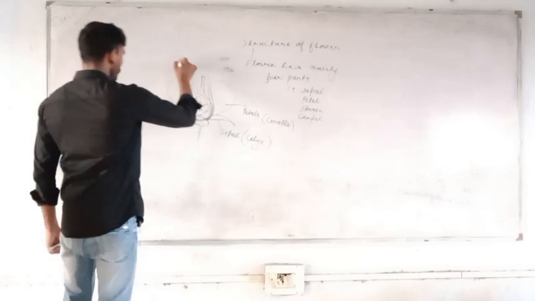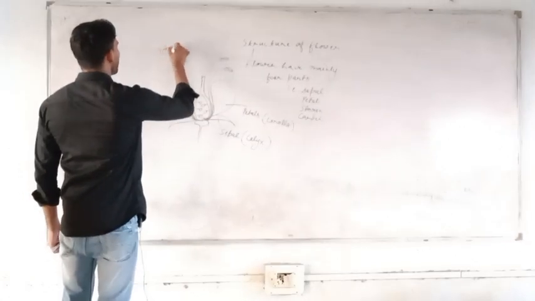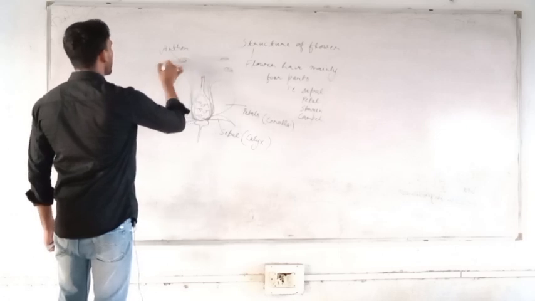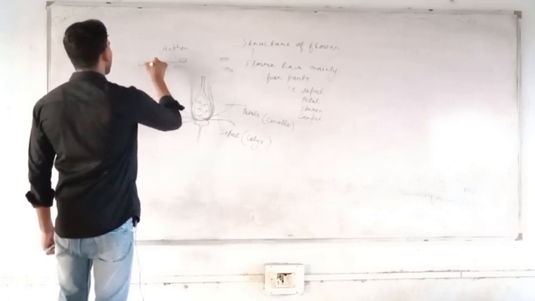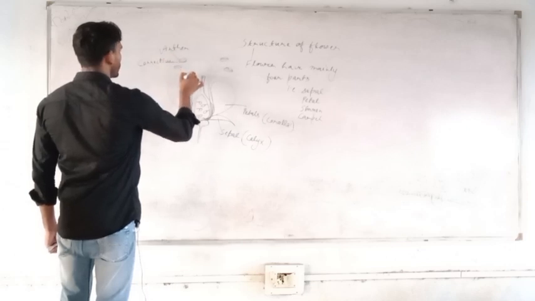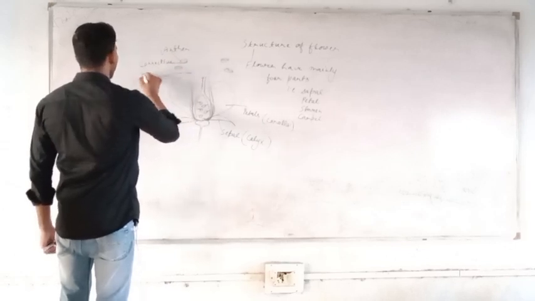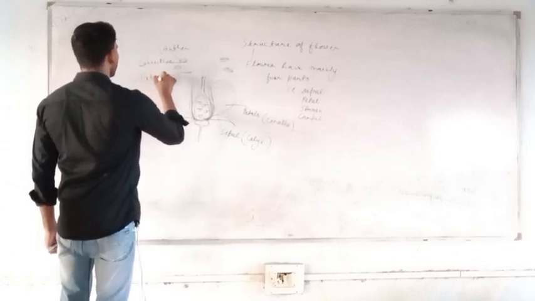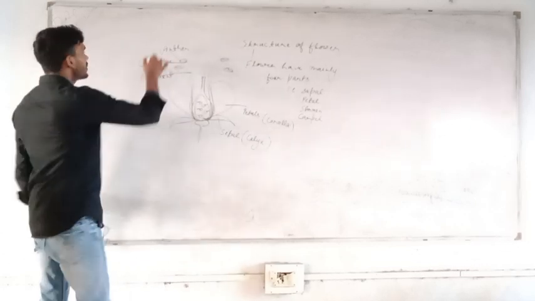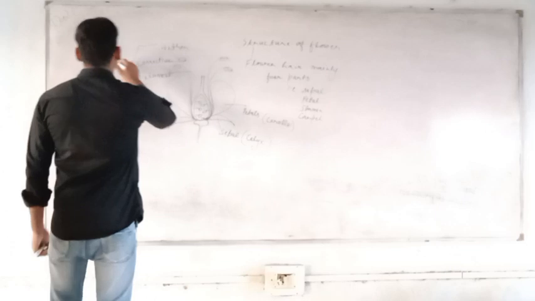And this is anther. The place where anthers are jointed is called connective. The thread-like structure is filament. Anther, connective and filaments are the part of stamen.